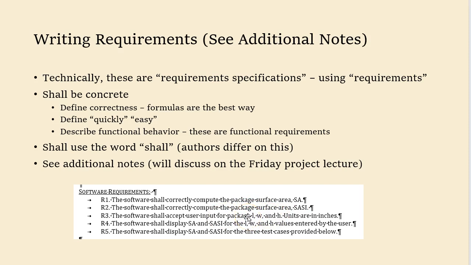These are the variables that are used in the formula. That doesn't mean those are the variables that are used in the actual software. I tell what the units are. You can look at the homeworks, and you can get a good feel for what a requirement should look like.